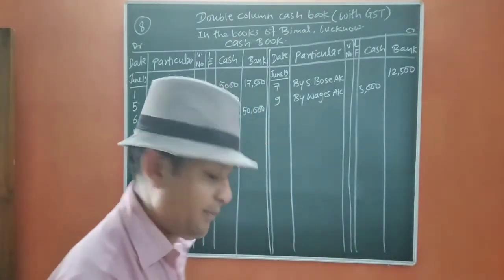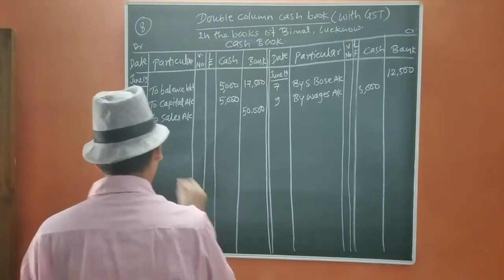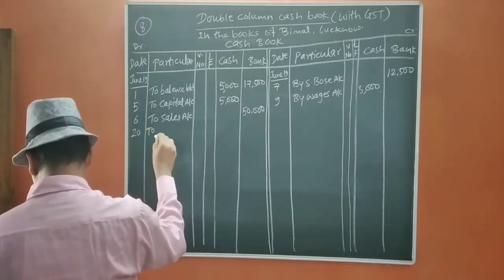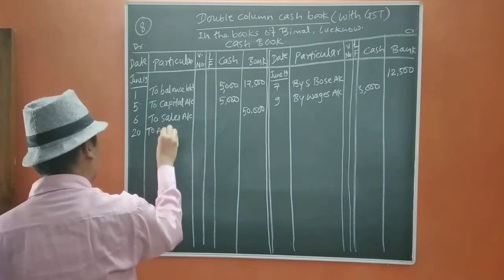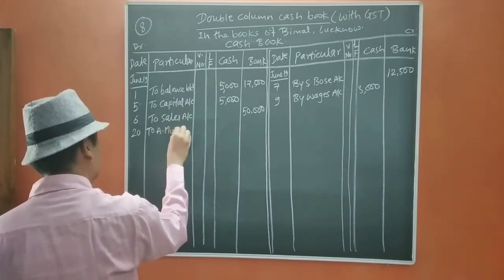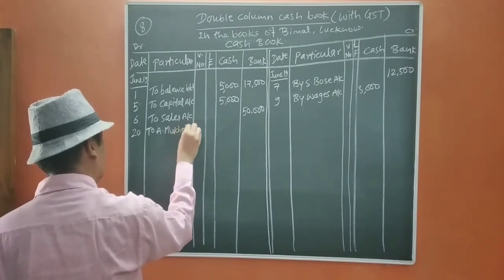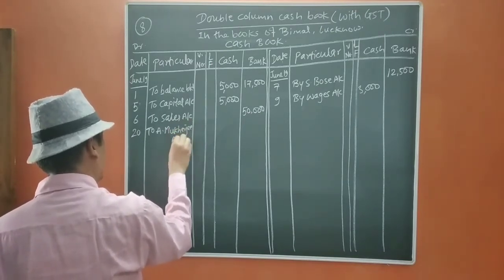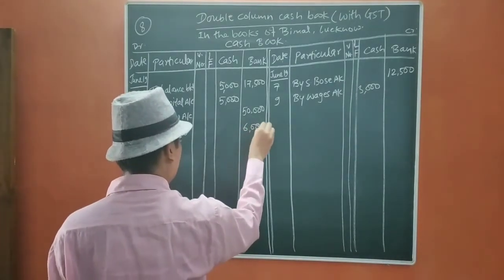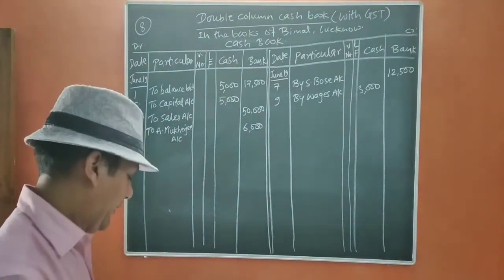So that will be deposited in our bank. June 20 to A. Mukherjee account. The amount is recorded in the bank.